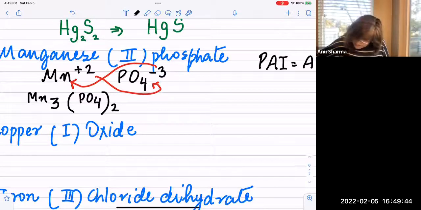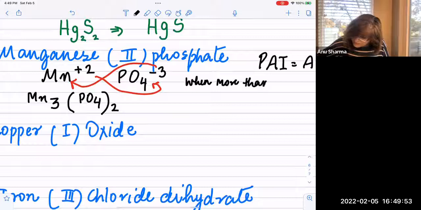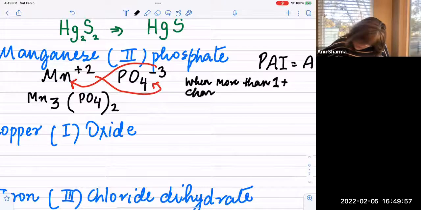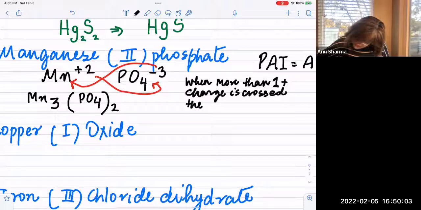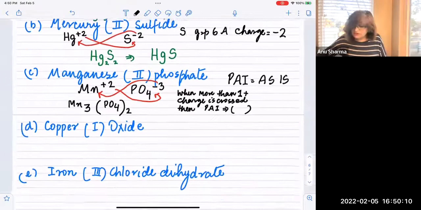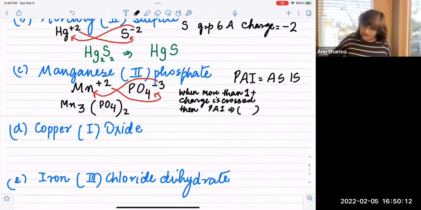So when a subscript greater than 1 is crossed, the polyatomic ion is put in brackets. So this is the story with manganese phosphate.